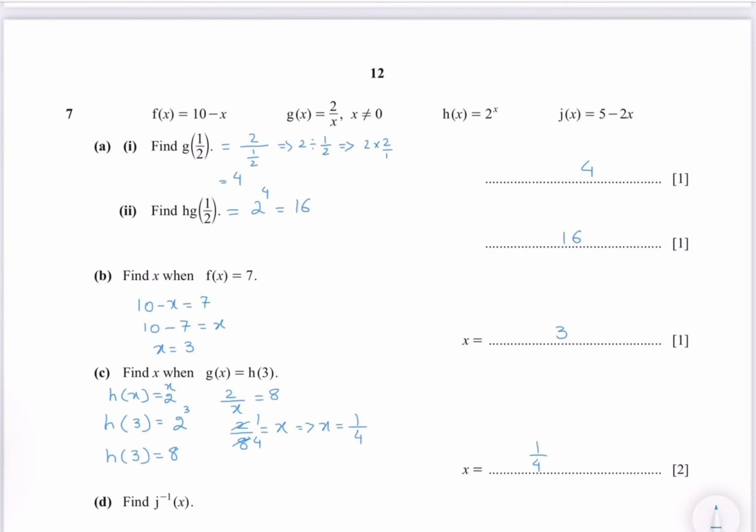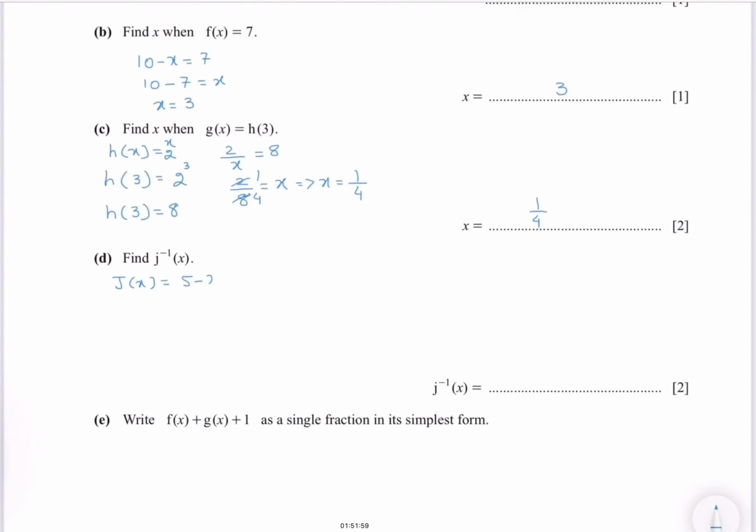Find j inverse of x. So j of x is 5 minus 2x. Let j of x be equal to y. So y equals 5 minus 2x. Now make x the subject. So now write j inverse of x is equal to (5 minus x) over 2. Write f of x plus g of x plus 1.